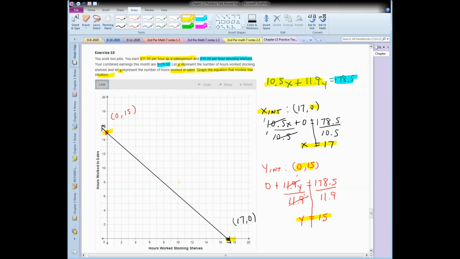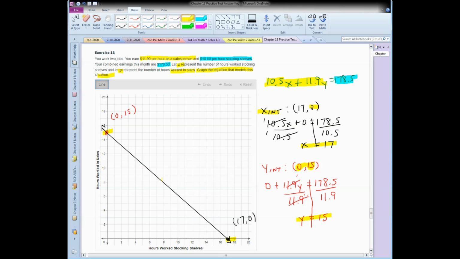$178.50. If I wanted to make $178.50, it would be on this line that would fall. Okay, so I could pick a point on this line.